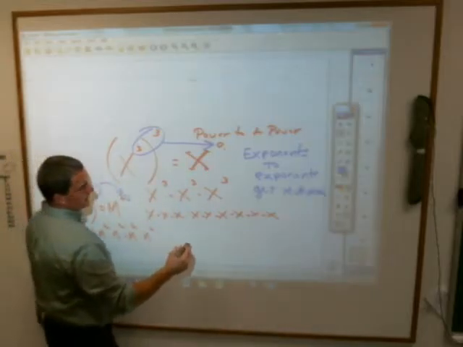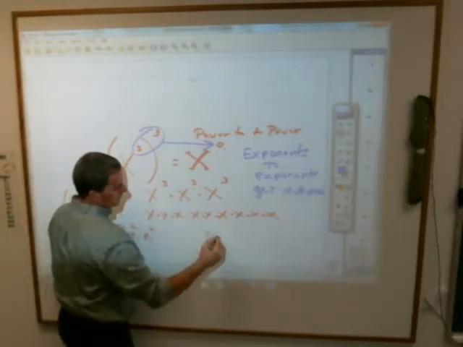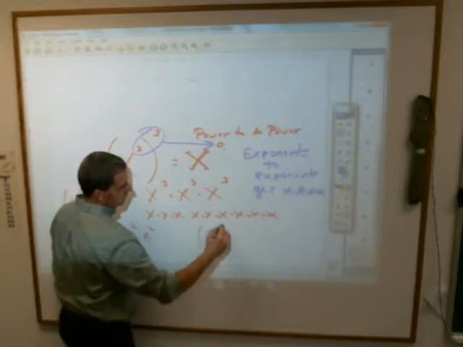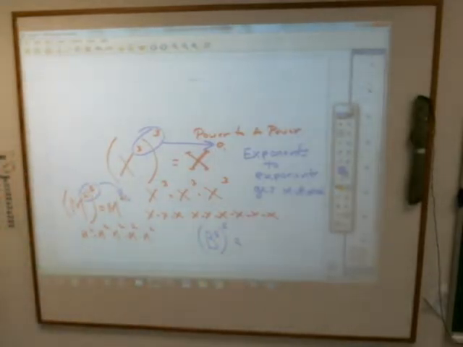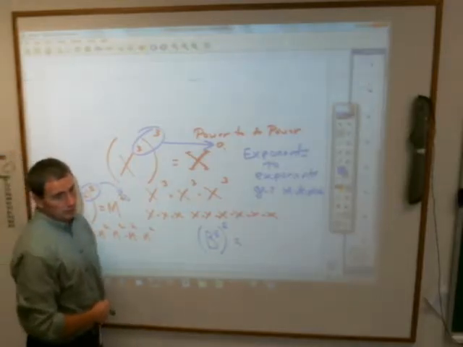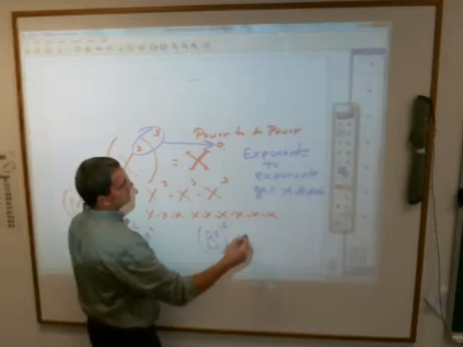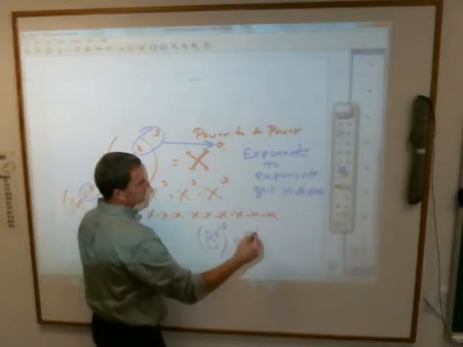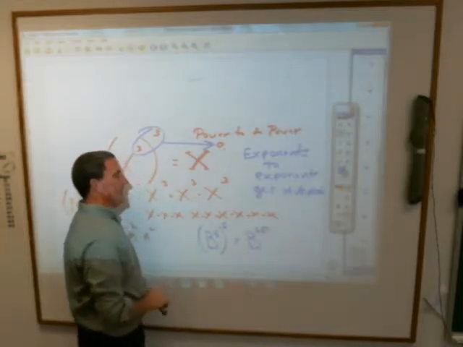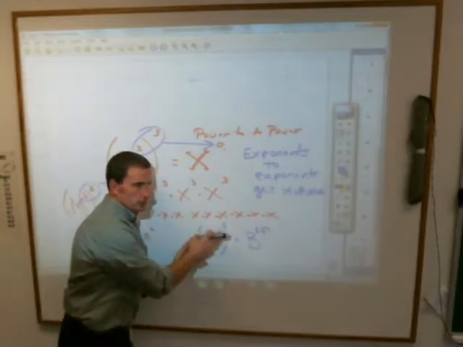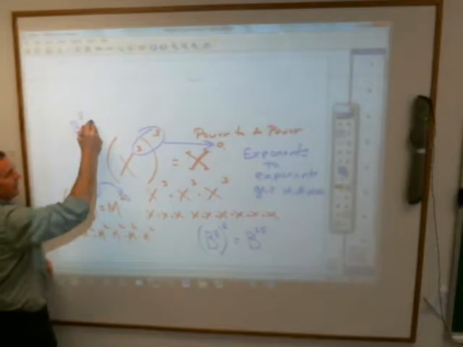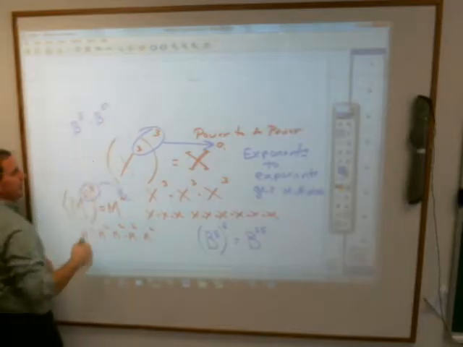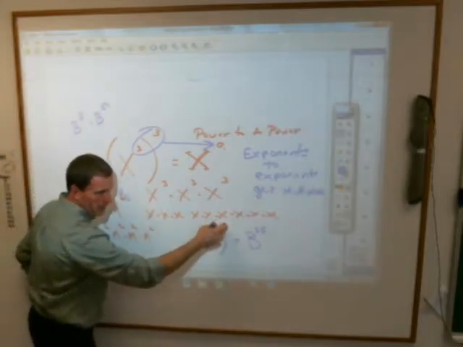So if I had b to the 5th power to the 5th power, without having to write all that stuff down, my answer is b to the 25th. Now again, don't get this confused with this. b to the 5th power times b to the 5th power is not exponents to exponents.